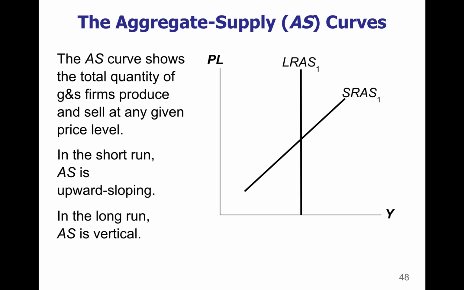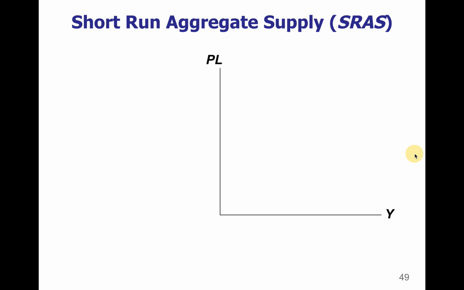In the long run, everything can be adapted to. So if the government raises the minimum wage or they can't get access to an input, in the long run, all of those things fix themselves, or we adjust to them and can make the correct decisions with them, which makes the long run supply line vertical.